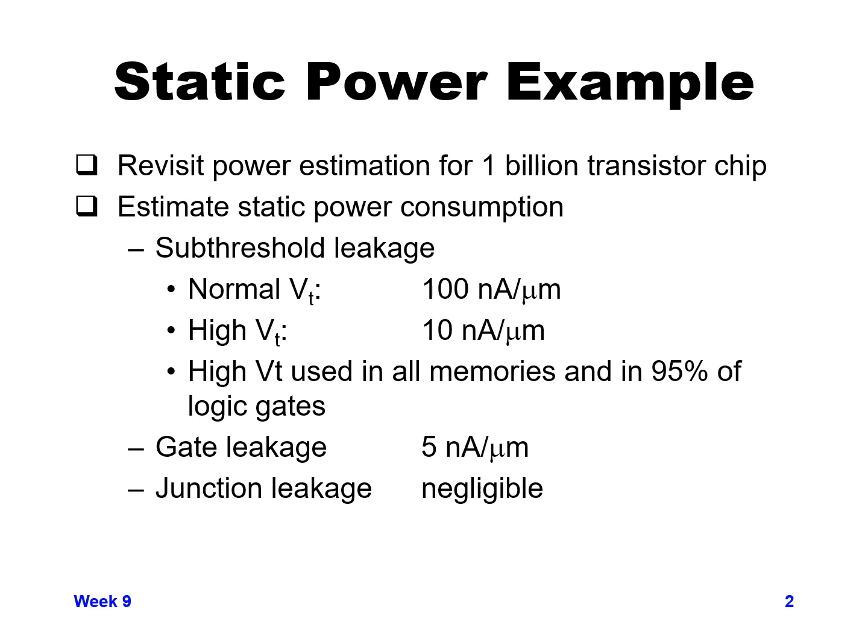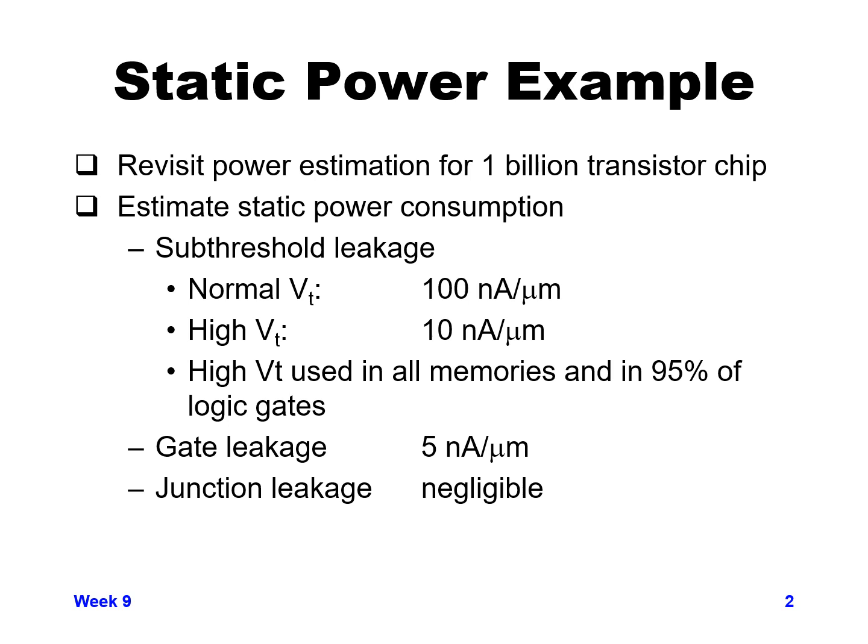Now let's revisit the example that we used for dynamic power several slides ago, but do it for static power in addition this time. Remember we had that IC chip with 1 billion transistors on it, and 50 million of them were logic and 950 million were memory.